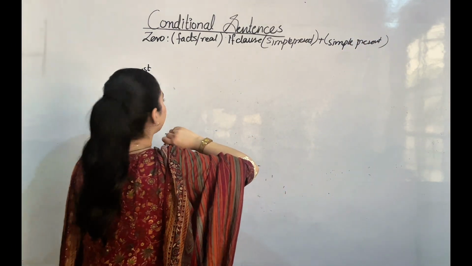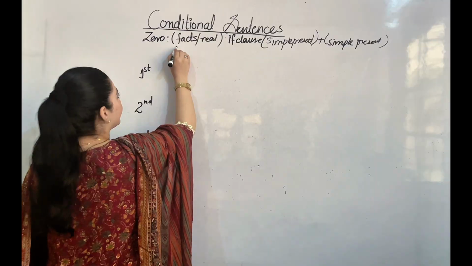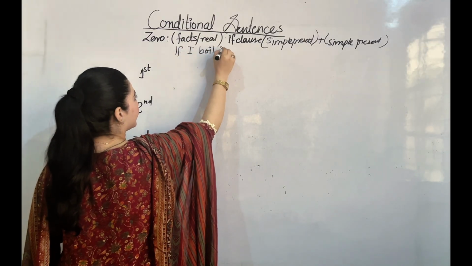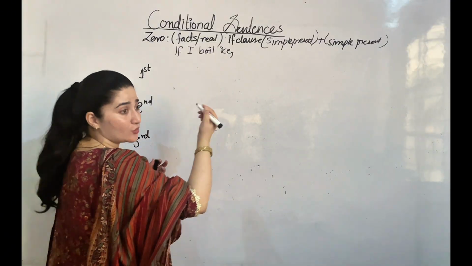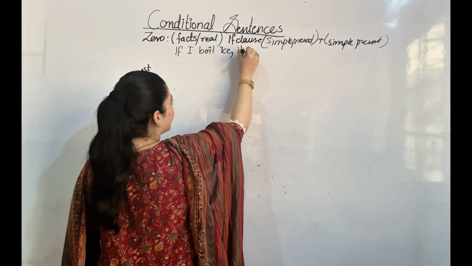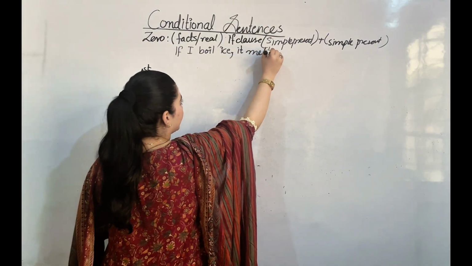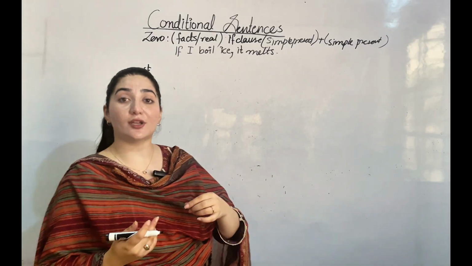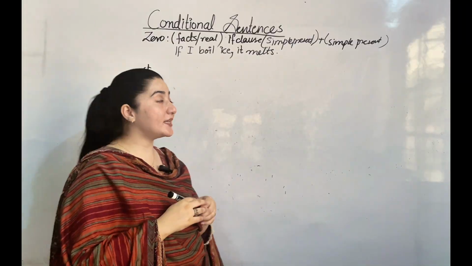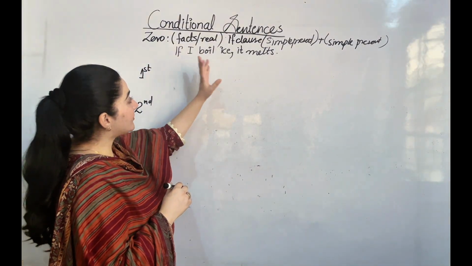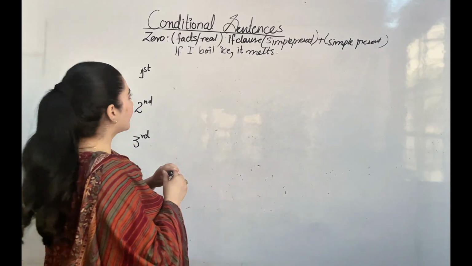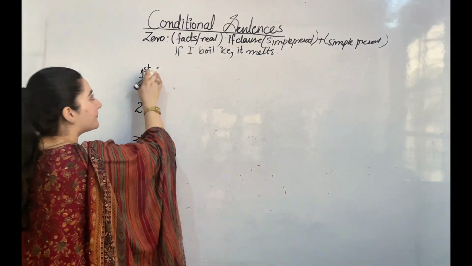For example, if I boil ice, what will happen? It melts. At times we say it is a cause and effect, or consequence, relationship: a conditional sentence tells us about the consequence of a thing. Like if I boil ice, it melts. Simple.